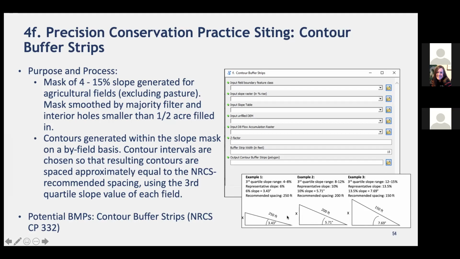So when our slope length is longer and our slope is smaller, the spacing might be closer to 250 feet. But as that slope length decreases and our slope becomes steeper, the spacing may be closer to 150 feet. So basically this tool is getting at that principle. So you can see the input requirements here, as well as our output data layer for contour buffer strips.